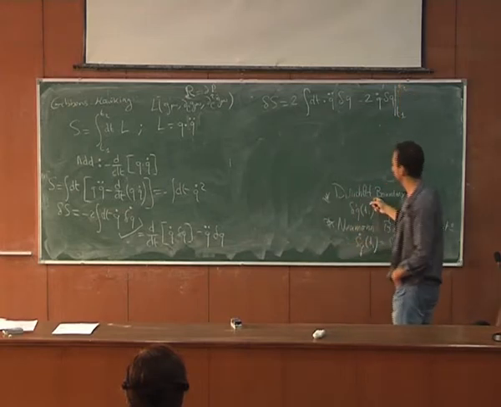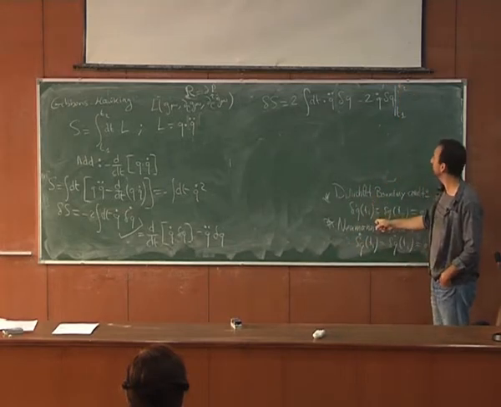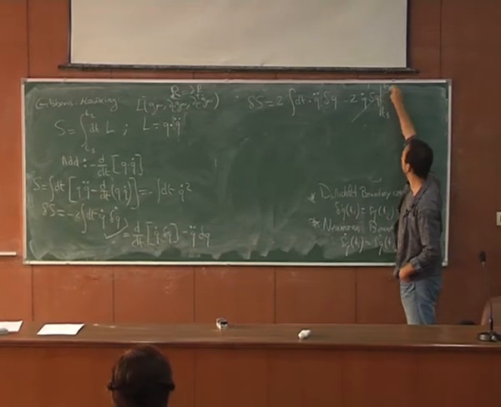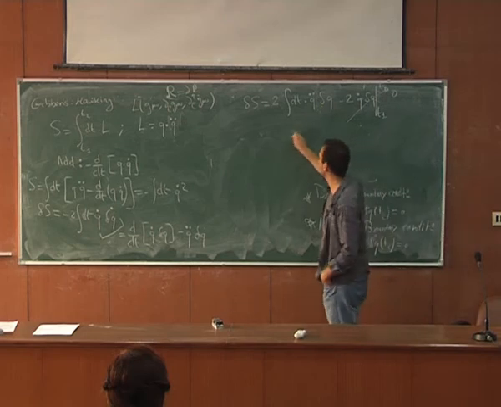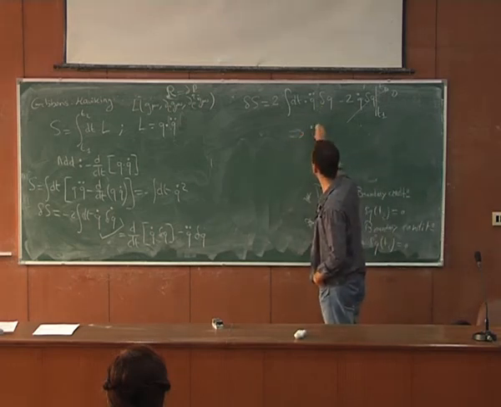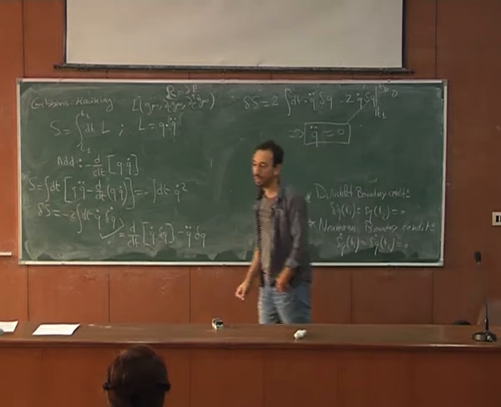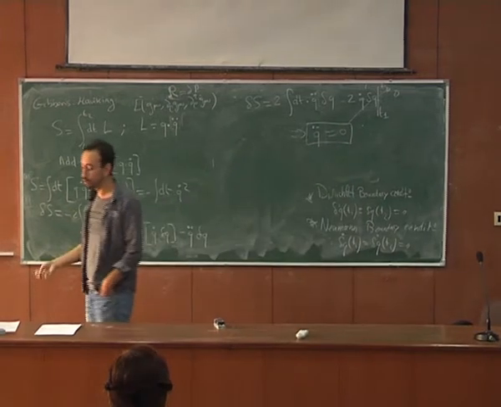Now if I use Dirichlet boundary conditions, this is going just to be 0. I can fix it, and then the variation of the action tells me that q double dot is equal to 0. Okay, and now I have a mathematically well-posed problem.